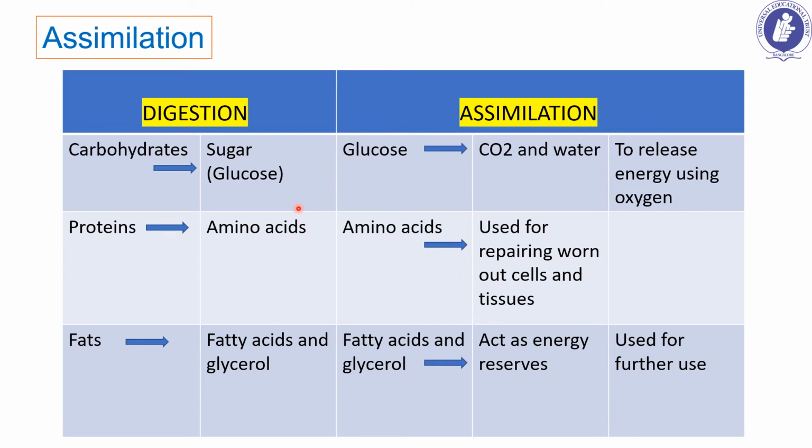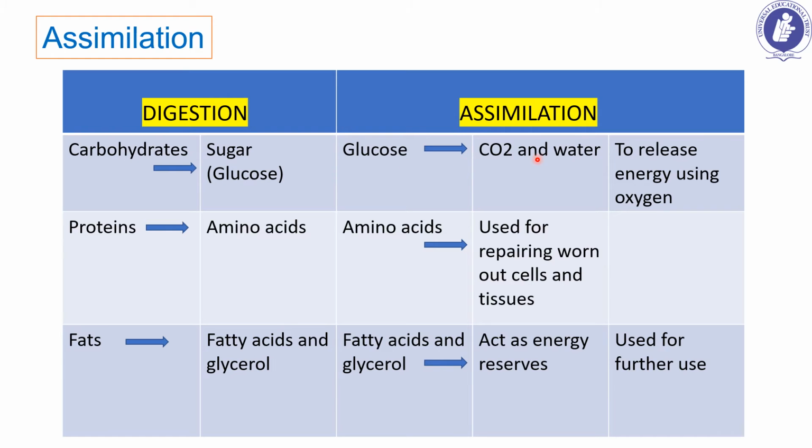In the small intestine, there are finger-like projections called villi. Villi have many blood vessels, and with the help of these, glucose, amino acids, fatty acids and glycerol are absorbed into the blood. During assimilation, these soluble substances are transported from the blood to all other parts of our body.